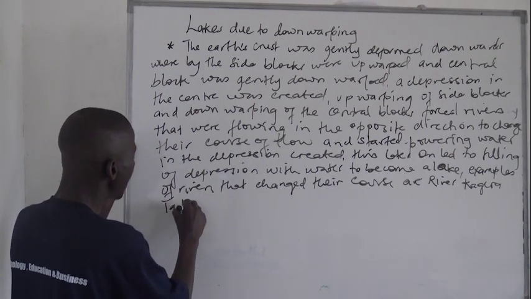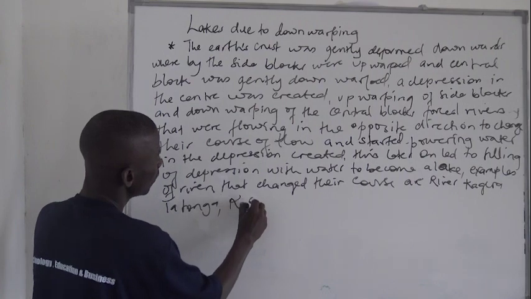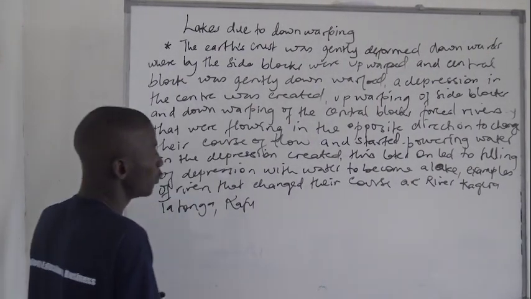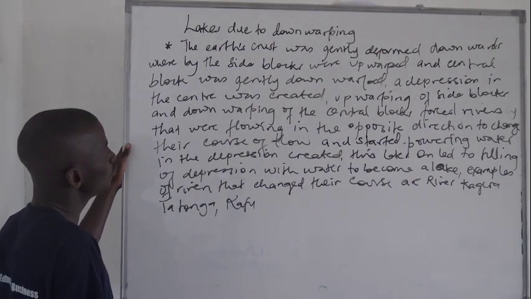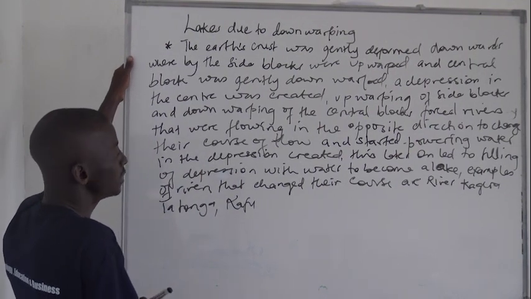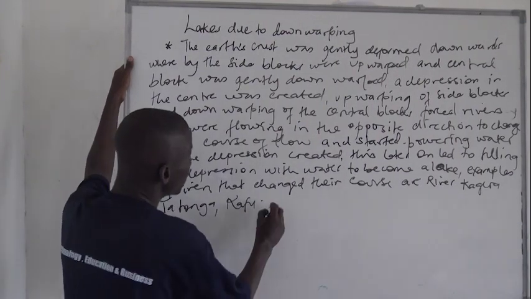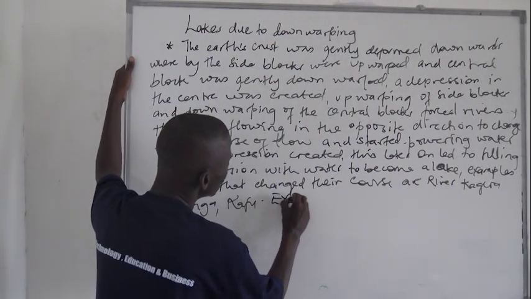River Katonga, Kafu, they all changed their course of flow, started pouring water into the depression created, filling it and becoming a lake.